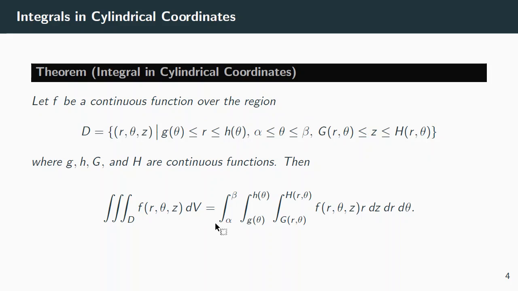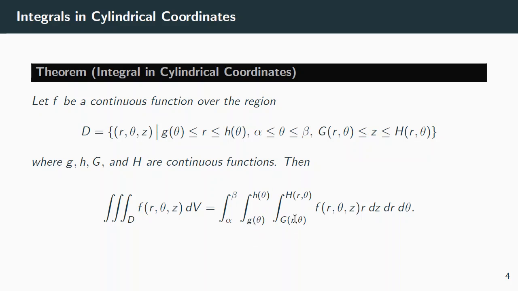So typically the angles go between here and here. The r values are controlled by the angles, so it could be 0 to 5 or something if it was the inside of a circle, or it could be some other function of theta if it was a cardioid or something like that.